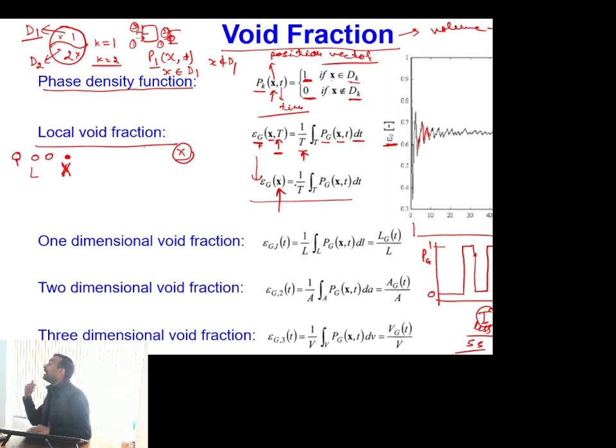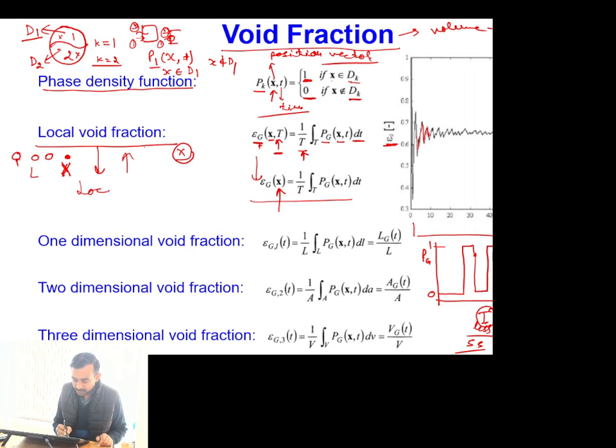So it will not be time dependent; it becomes independent of time. That is the reason I am calling this value the local void fraction. If this value is not independent of time and changes with time, then I have to call it the local instantaneous void fraction.